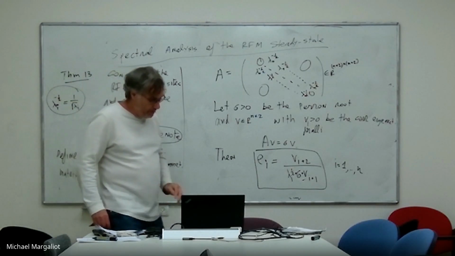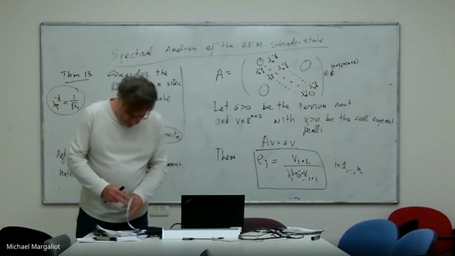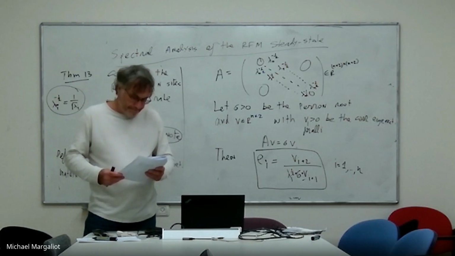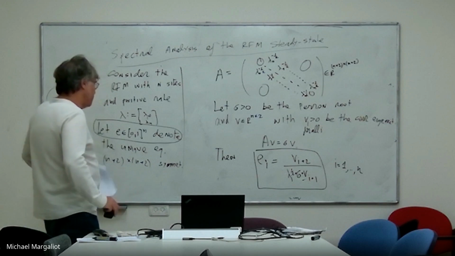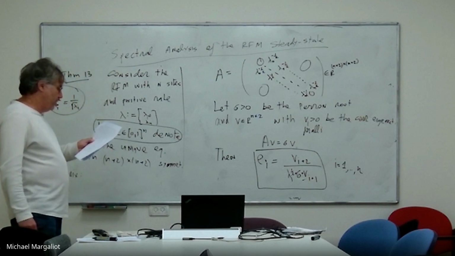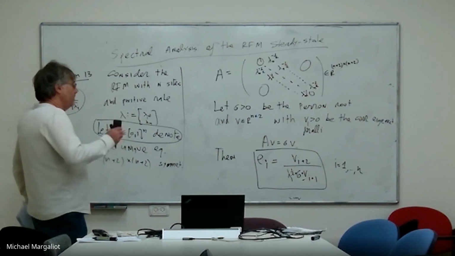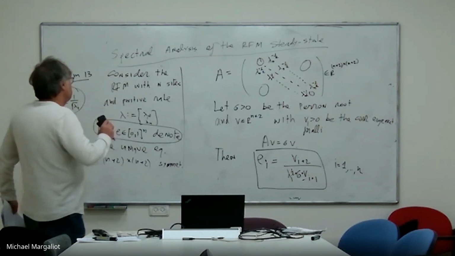Just let me see how I am with time. And should we start today or not? So today I just want to give an example, an example with an RFM with two sites. And in the last lecture, tomorrow, I will prove this, okay?